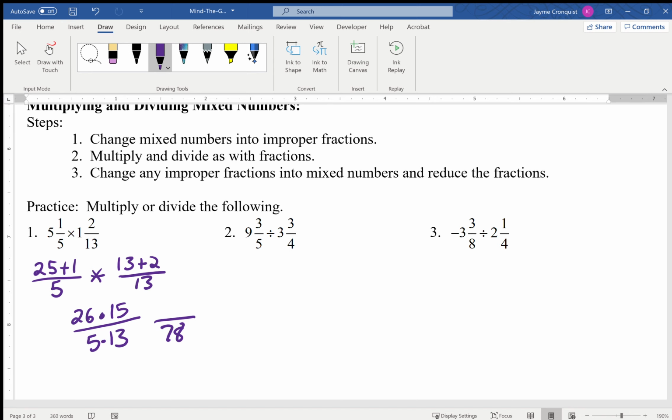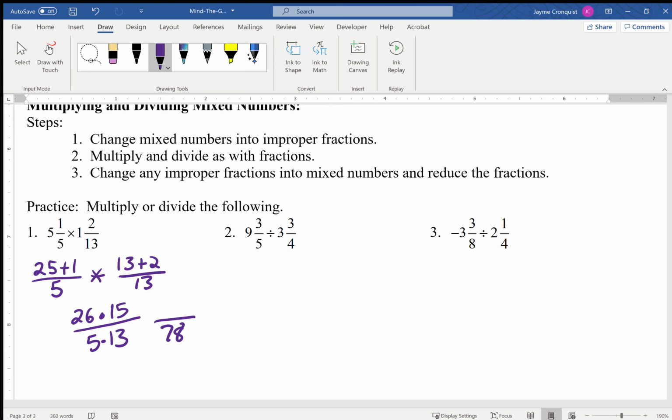I'm going to look at this straight up. 26 is 2 times 13, and 15 is 3 times 5. My denominator is 5 times 13. There we go. 2 times 3 is 6. That's my answer. See, that's not too bad, except I kind of sloppied over down to the number 2 area here, so I'm going to put 2 down below.